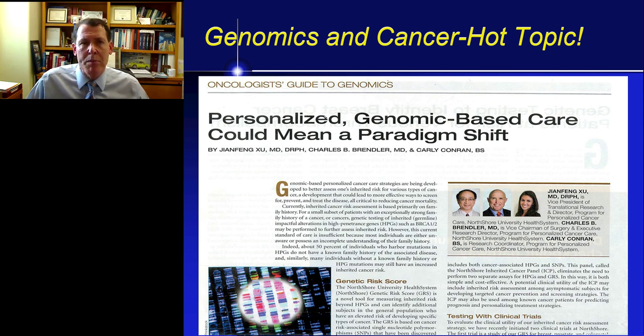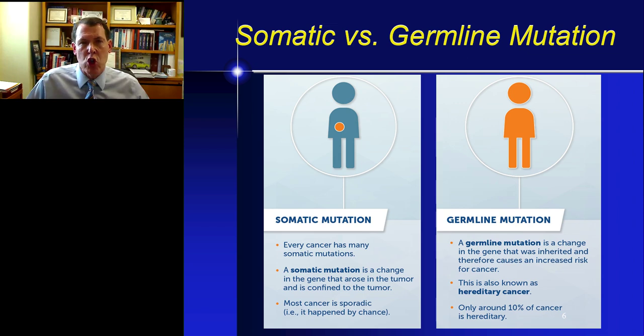Let's talk a little bit about the basics. We see here somatic versus germline mutations. So somatic mutations are gene mutations or alterations that are present in the tumor itself. They would be tested using tumor tissue and looking for genetic alterations.